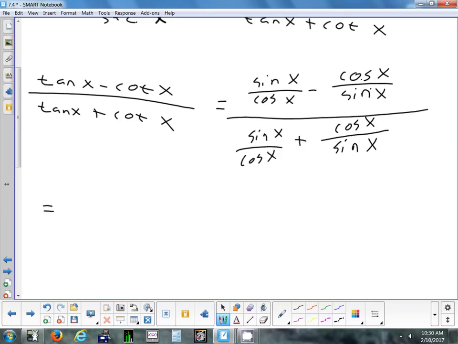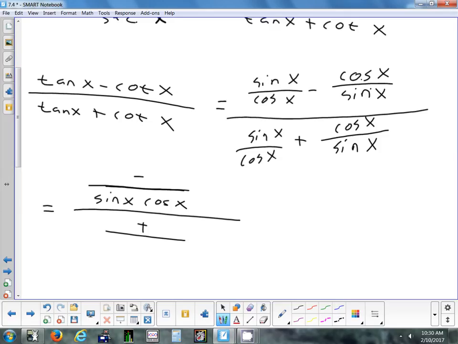What's the common denominator in both the top and the bottom? Sine times cosine. Yep, so it's going to be a sine cosine in the top and in the bottom. What is that denominator missing to make it the common denominator? Sine.